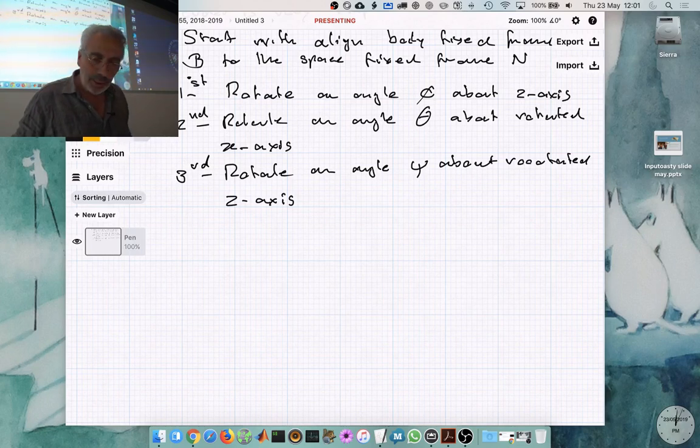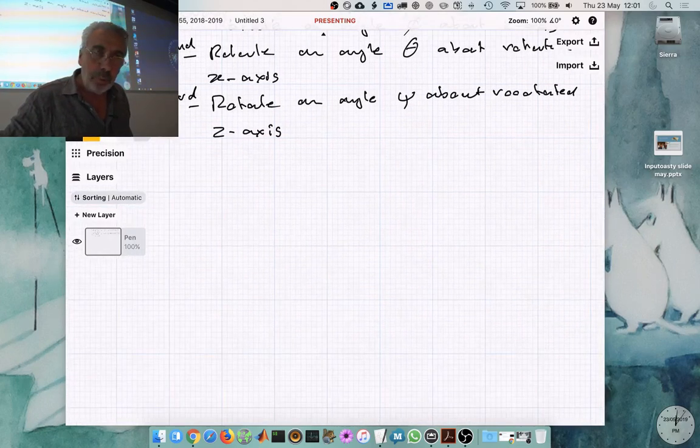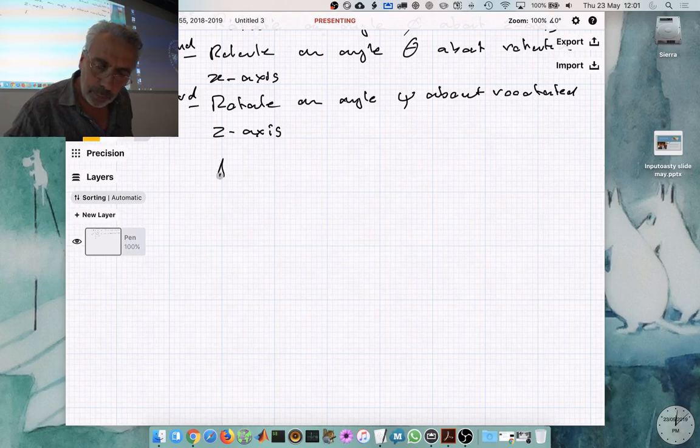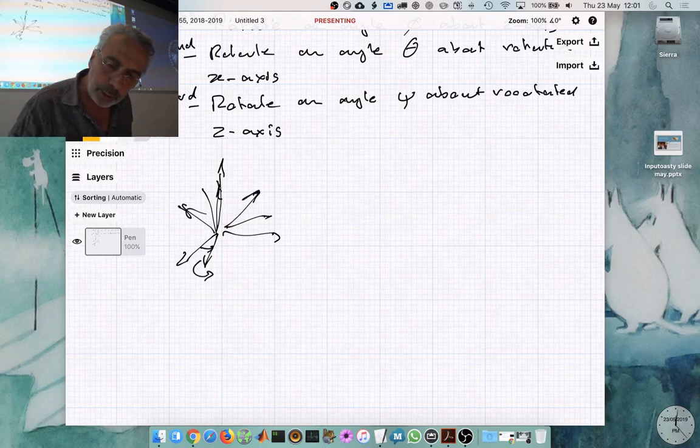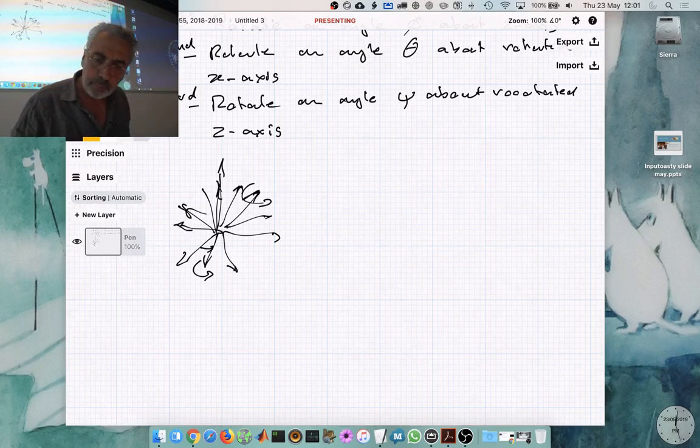So what is the picture? Well, if you usually look into a book about rotation, they say, well, we have this coordinate system, and then we rotate about the z-axis, that's clear, and then we get this axis, and then we rotate about this axis an angle, and then we get this one, and then finally we rotate about this axis, and then we get this coordinate system.